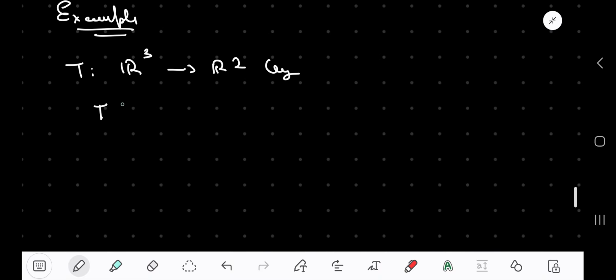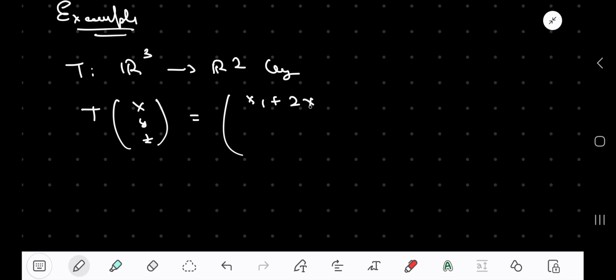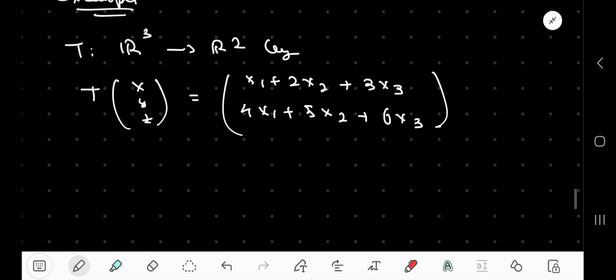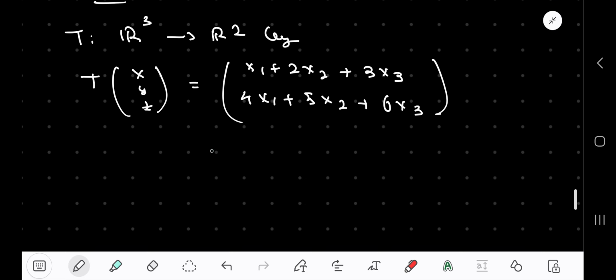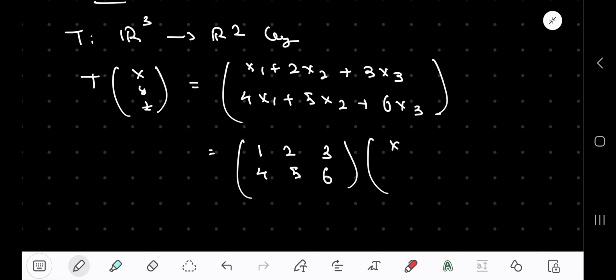I have T which takes the vectors, it's better to write it column wise, x, y, z, and it maps it to the following: x1 plus 2x2 plus 3x3 and 4x1 plus 5x2 plus 6x3. Just a simple observation can immediately make you see that this is nothing but the matrix 1 2 3 4 5 6 times the vector x, y, z.